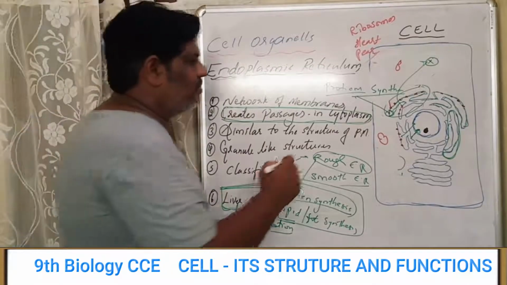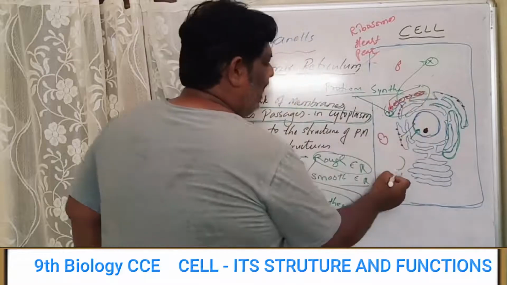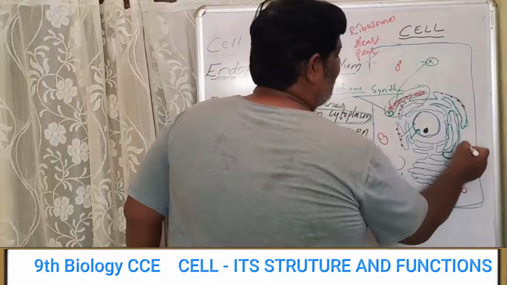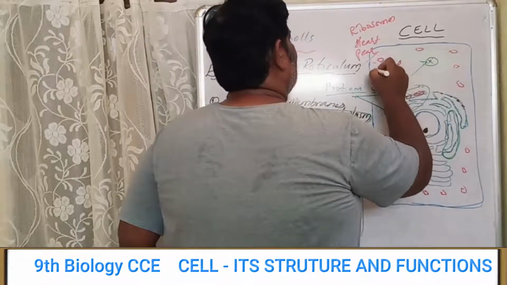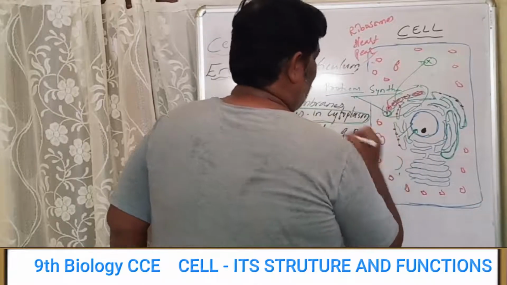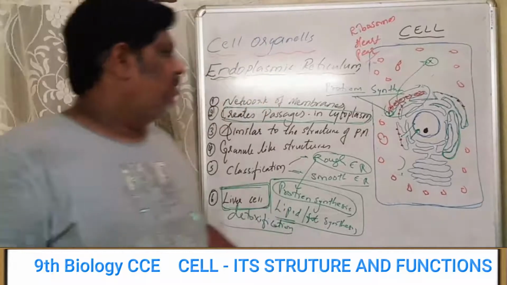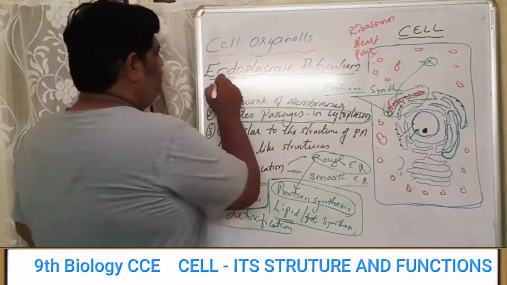One type of ribosomes is attached to the endoplasmic reticulum, and the other ones are the free ribosomes. They are scattered in the cytoplasm, so you can see them anywhere in the cytoplasm. Already we have seen the function of the ribosomes also here, right?